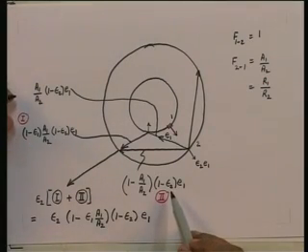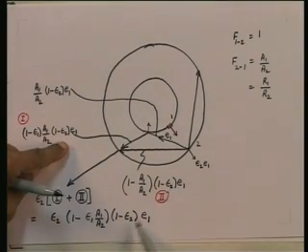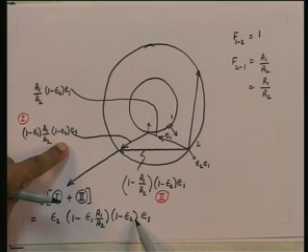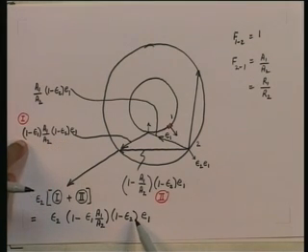Let me just check again, 1 minus epsilon 2 E1, that is here, and if I multiply this I will get 1 minus epsilon 1 epsilon 2.